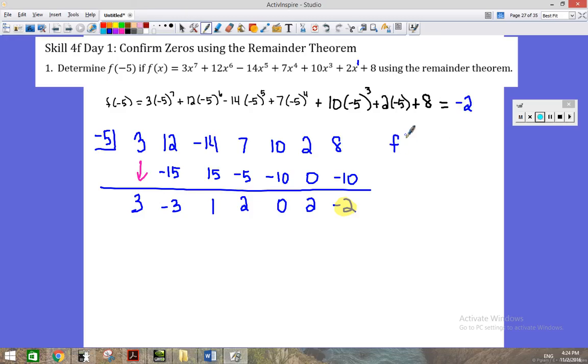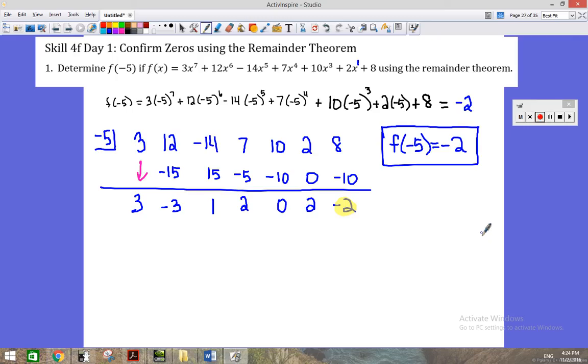That f evaluated at -5, which is what they want us to answer, is -2. I don't know what -5 raised to the 7th power is, but down here, the arithmetic was such that I didn't need a calculator.